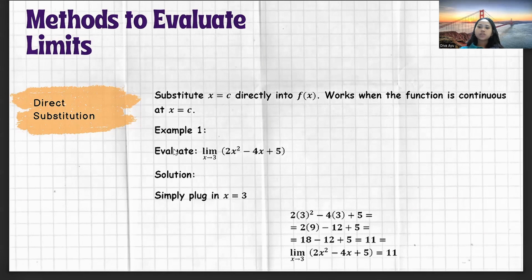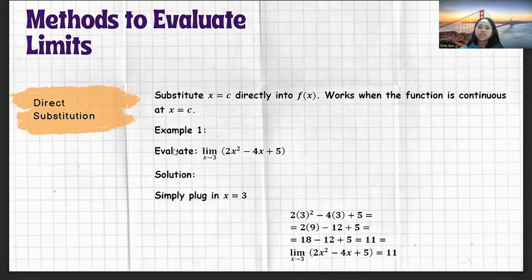So 2 times 3 squared minus 4 times 3 plus 5. 3 squared is 9. 2 times 9 equals 18. 18 minus 12 plus 5 equals 11. Therefore, the limit is equal to 11.